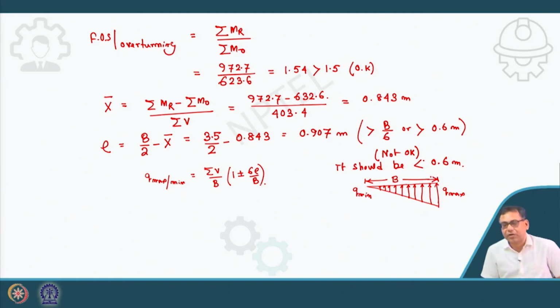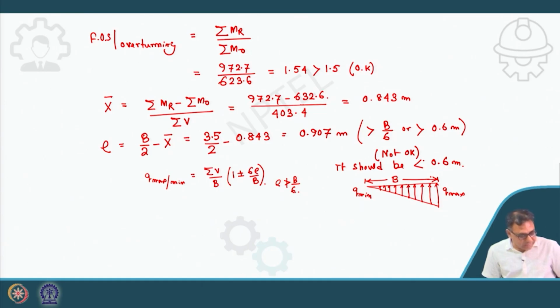So, that is not recommended. Q minimum can be 0, but cannot be negative, because we are not recommending any design where negative stress is developed. Okay. So, that is why your E should not be greater than B by 6.